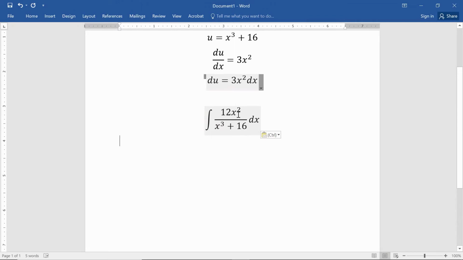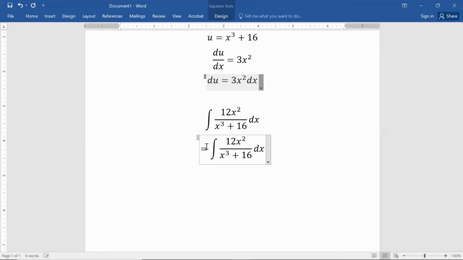So the intuition would say, if I let my u be the bottom, then maybe I can pull out the derivative piece I need from the top. In this case, I can, in fact, do that. I can take this 12x squared, and 12 is just 4 times 3.